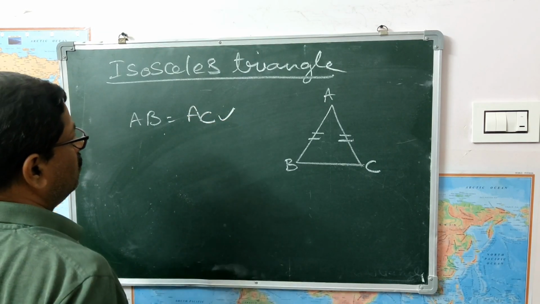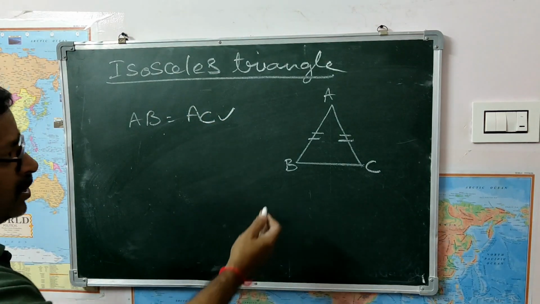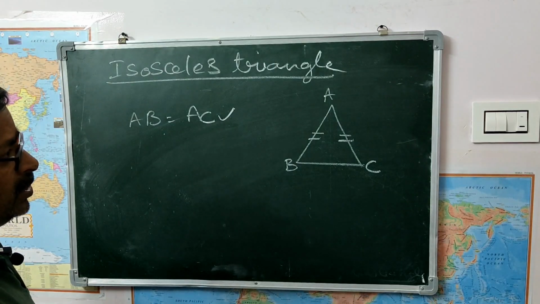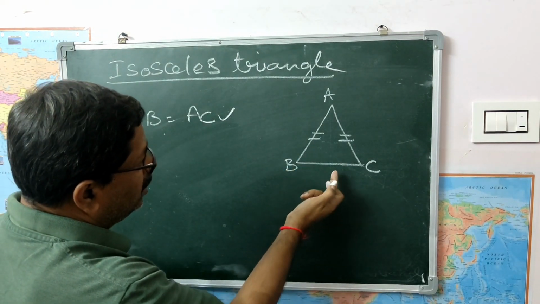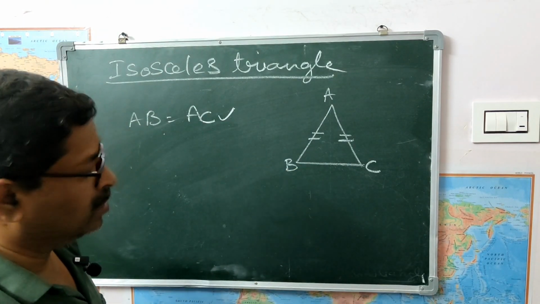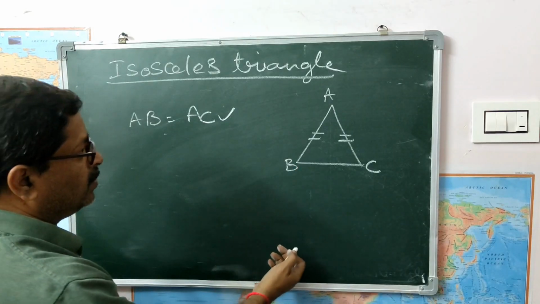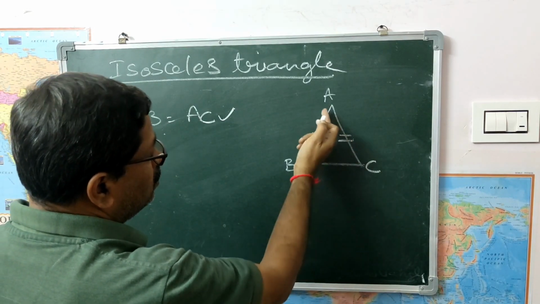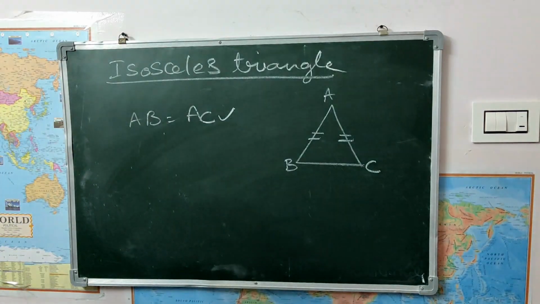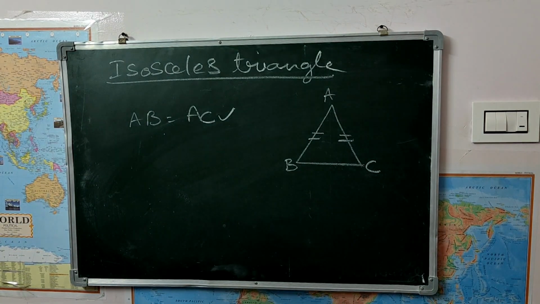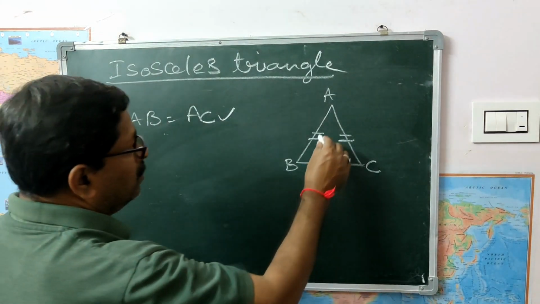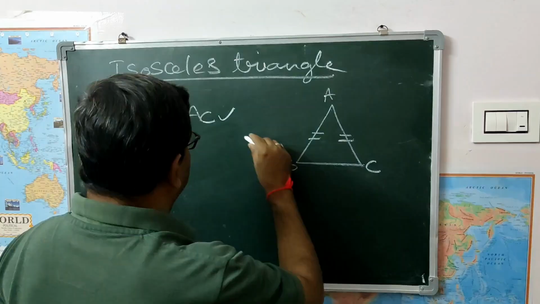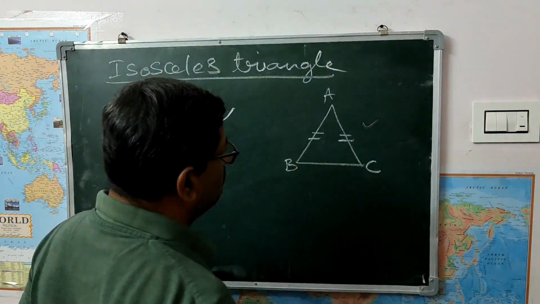In the diagram, for convenience, I have written it like that. Instead, AB and BC can also be equal. But in this particular example, I have shown AB equal to AC. If AB is equal to AC, then this triangle is known as isosceles.